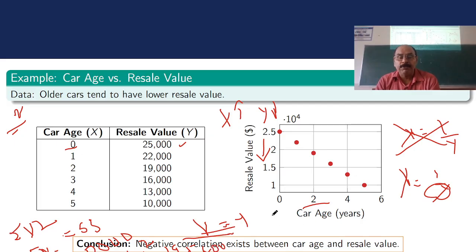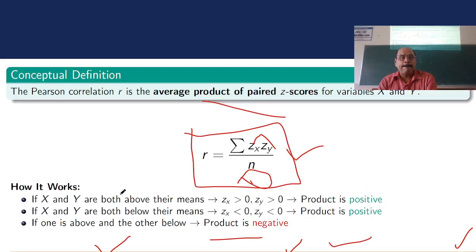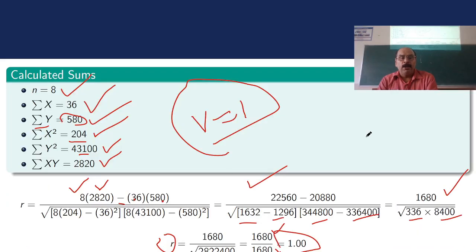Sigma x is 15, right. Sigma y is 105. And when you apply it in this formula, you will get R is equal to -1.